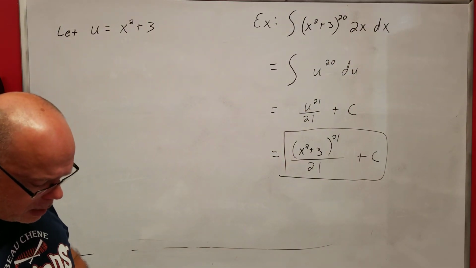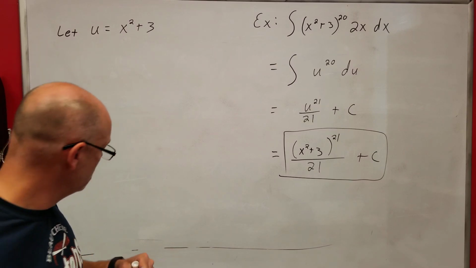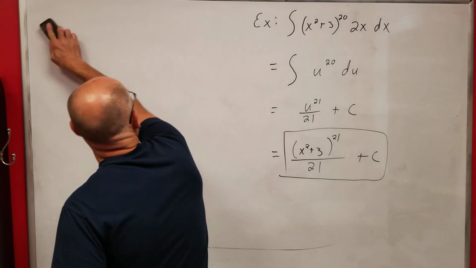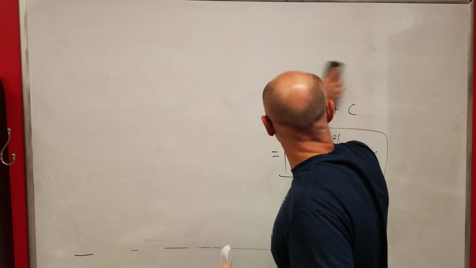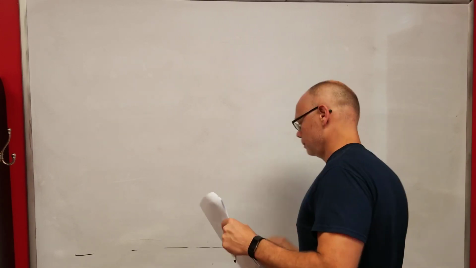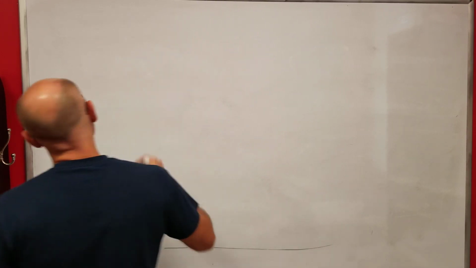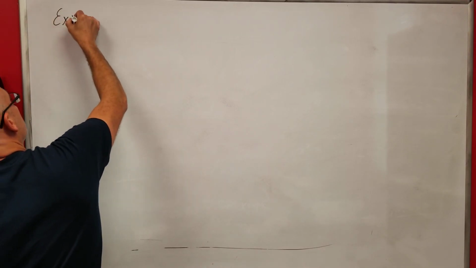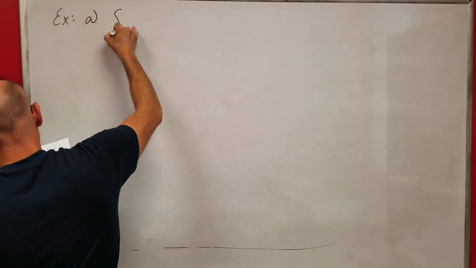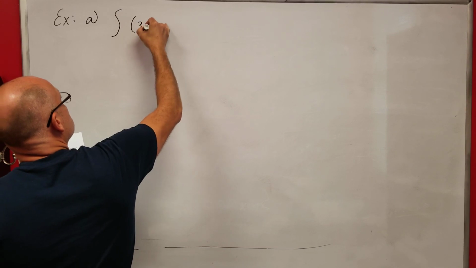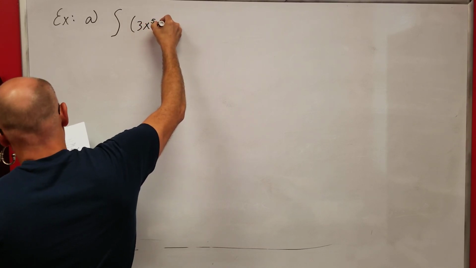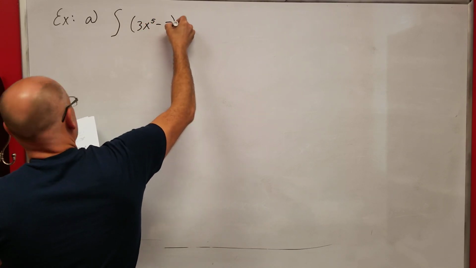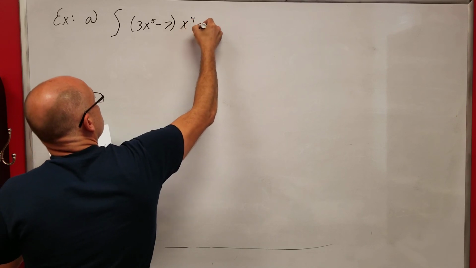How about our next example? Next example says evaluate, then we have several parts, A, B, C, and so forth. Our next example, we're told to evaluate the integral of 3x to the 5th minus 7 times x to the 4th dx.